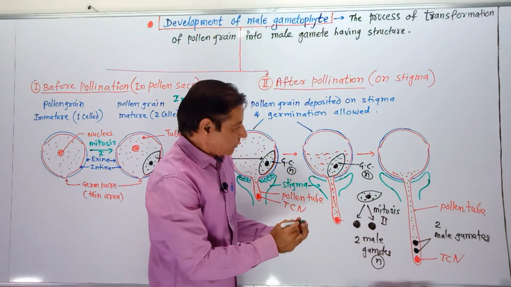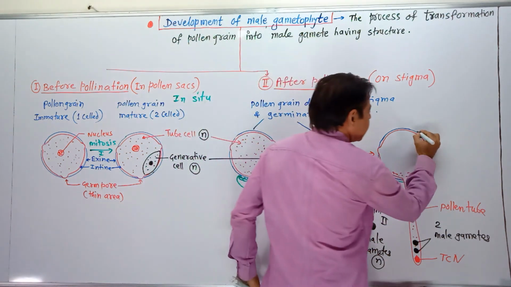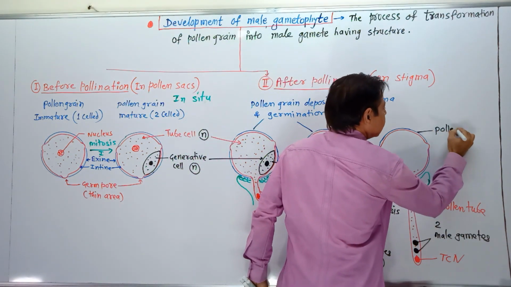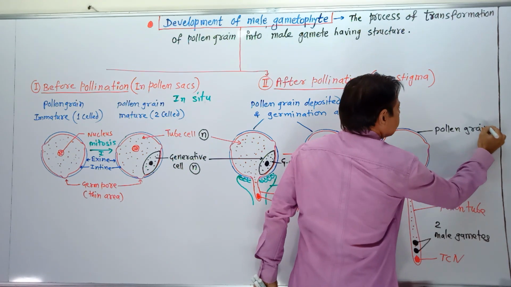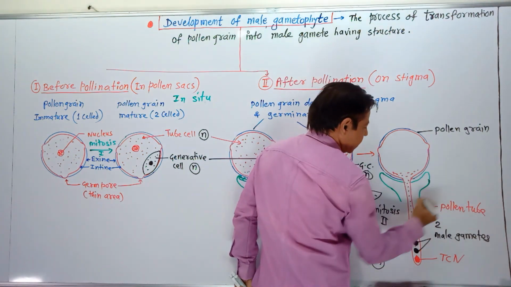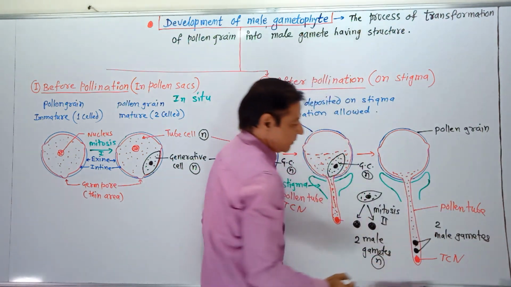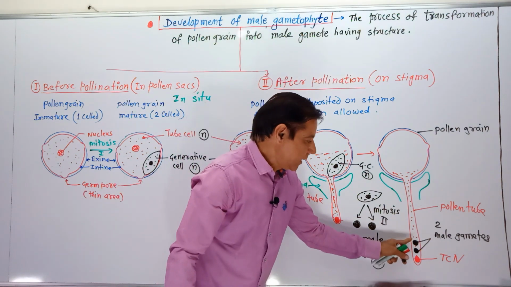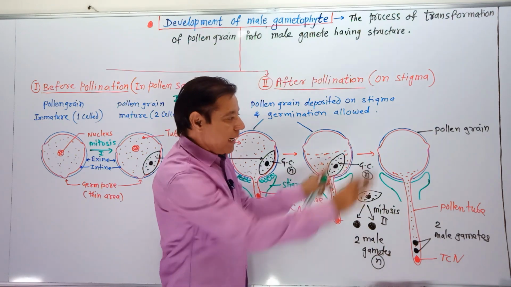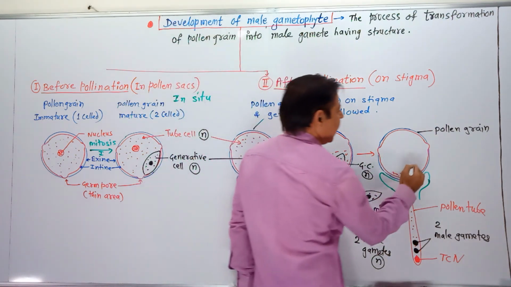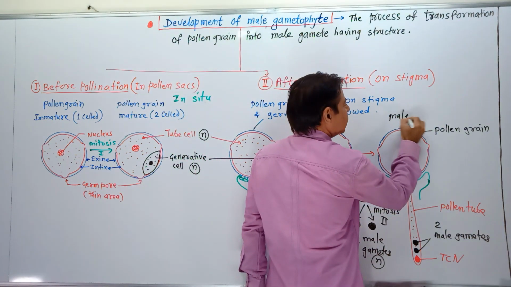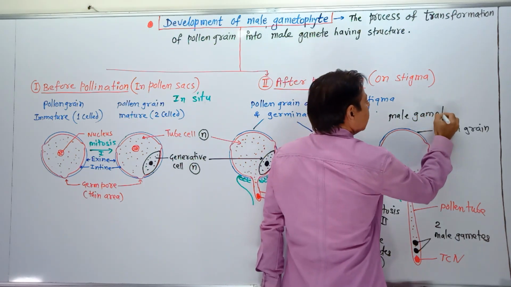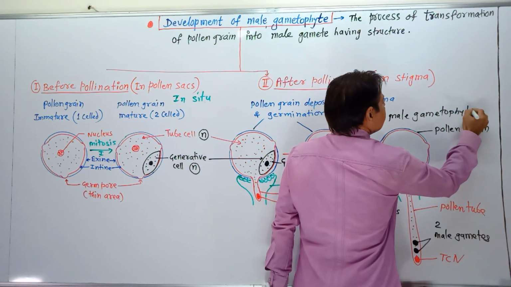In this way, this is the structure: the pollen grain along with a pollen tube, tube cell nucleus, and two male gametes, collectively called the male gametophyte. It is now called the male gametophyte. Why?